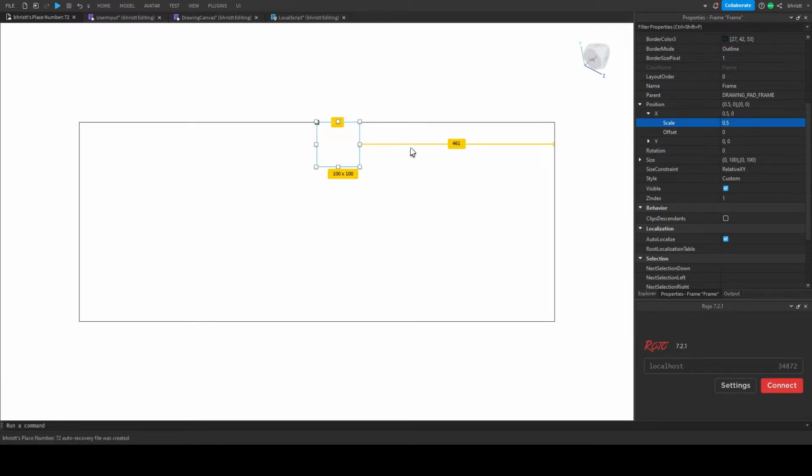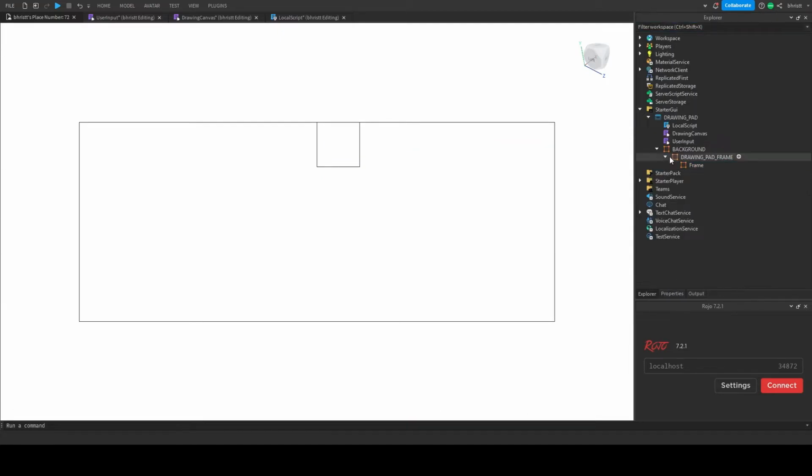It's easier to calculate this scale position rather than this offset, because if we were to calculate this offset, we'd have to calculate the entire position of the main frame. So this main frame up here, and then we'd have to do it relative to this little frame, which is where we're drawing on. So it's easier to just take that percentage of this frame. So let's calculate that percentage.